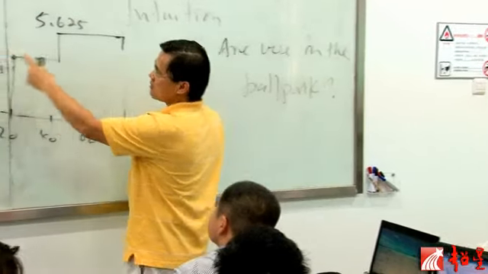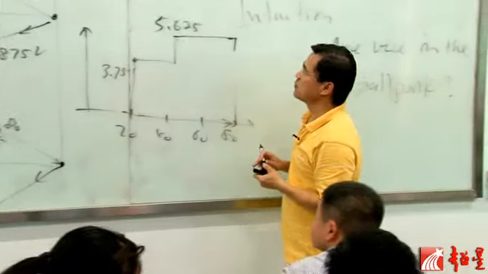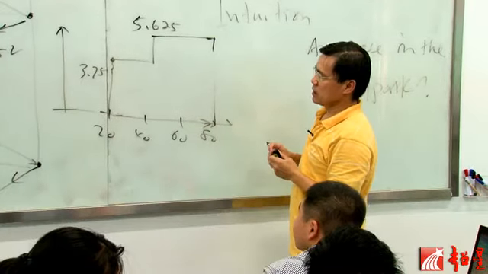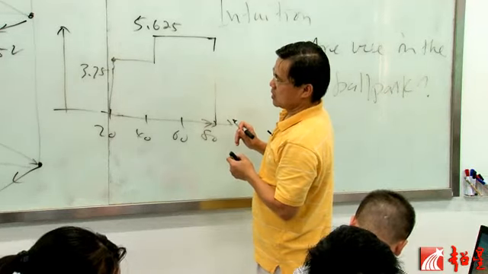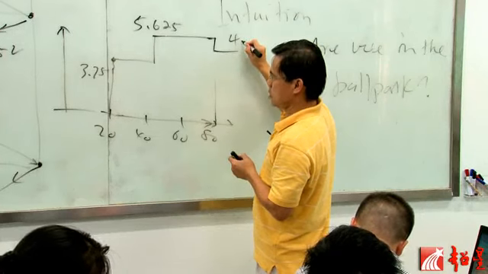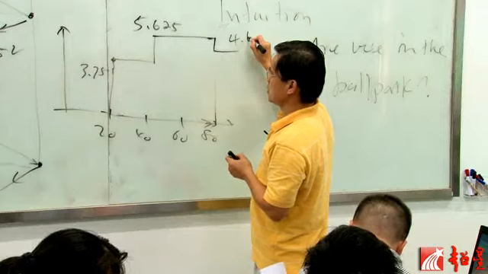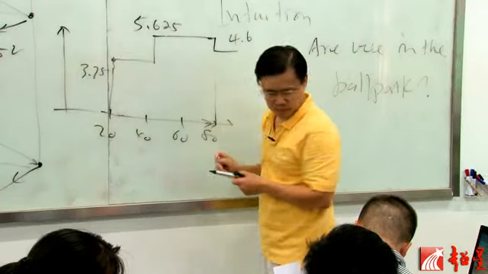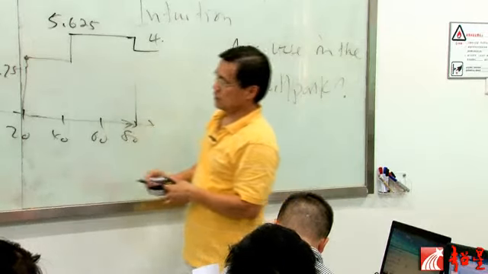Okay, so the next value is this minus 0.937. Okay, so how do we get that one? It's 4 something, right? 4.6, no, 4.73, roughly.